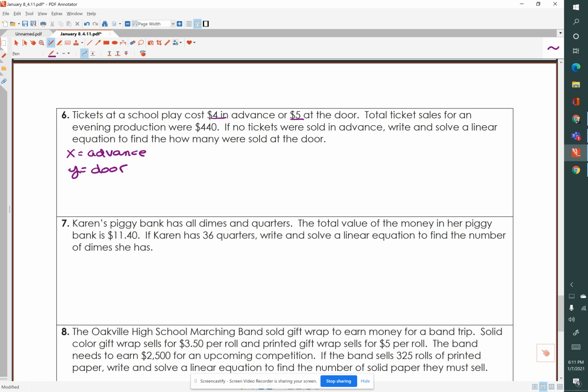So total ticket sales for the evening production were $440. If no tickets were sold in advance, so everything is at the door, write and solve, so we have 2 tasks, a linear equation to find out how many were sold at the door.